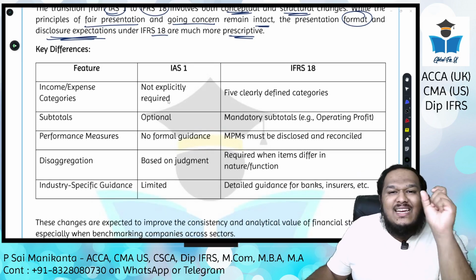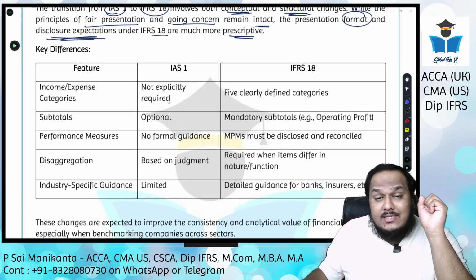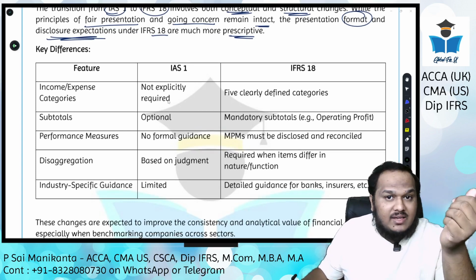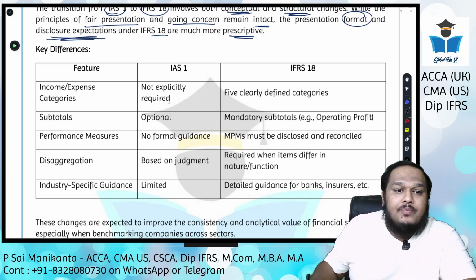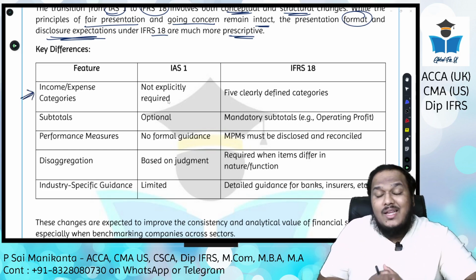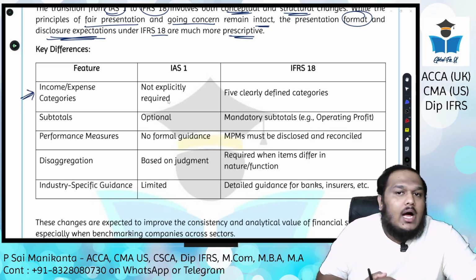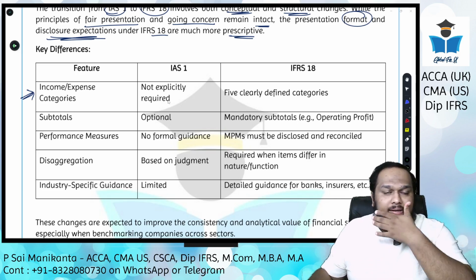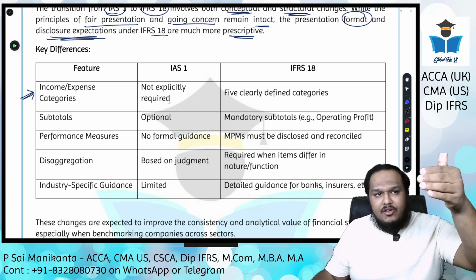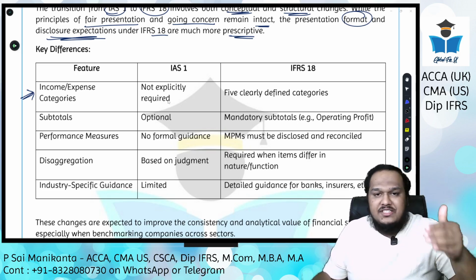So if you see the key differences between IAS 1 and IFRS 18, before we even start IFRS 18, this is just to give you an overview of what to expect. The first one, income and expenses categories. Under IAS 1, there are no such categories. You have your format, revenue minus cost of goods sold, gross profit minus SG&A expenses.